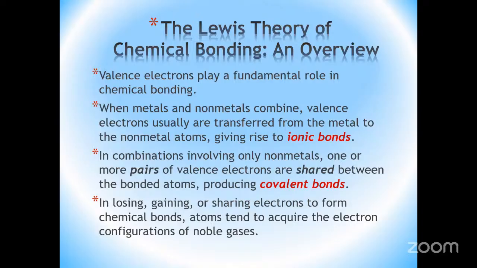But when it comes to elements in groups 1A through 6A, they tend to form compounds such that the resulting ions, or atoms if it's a molecule, will end up with an octet or basically a noble gas configuration.